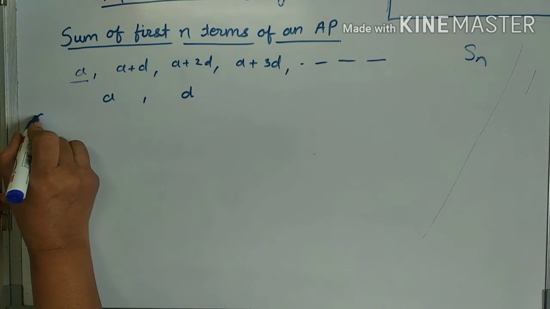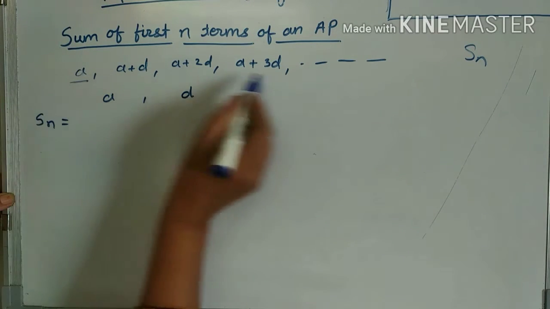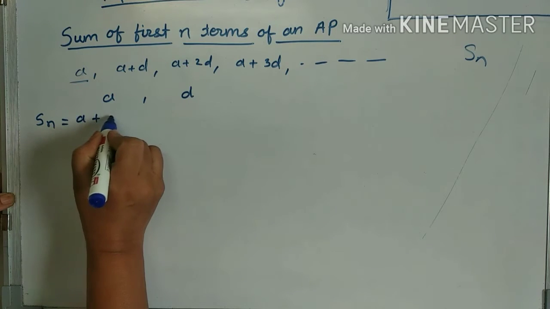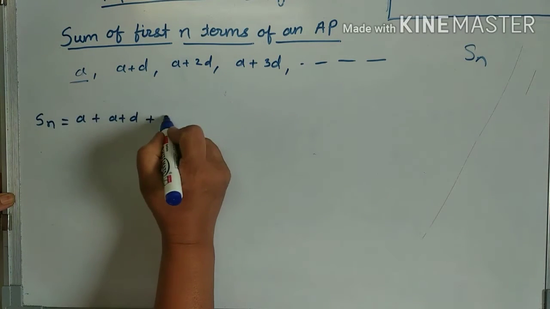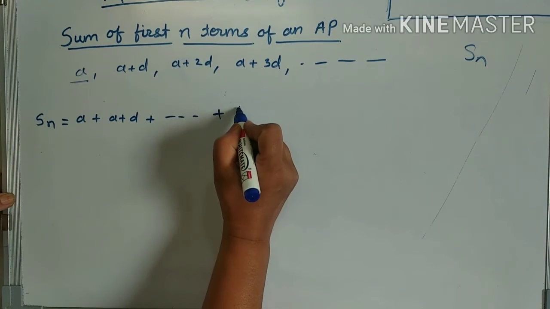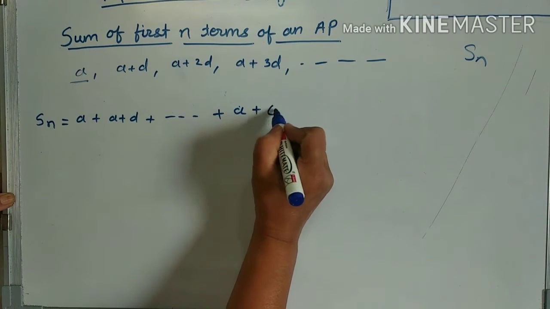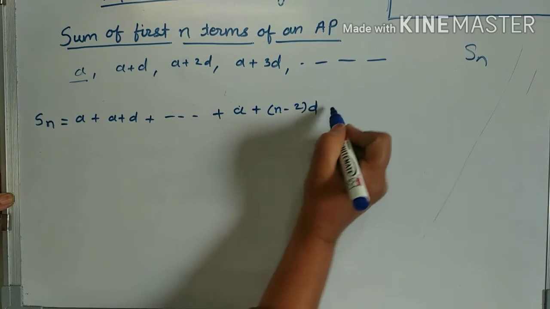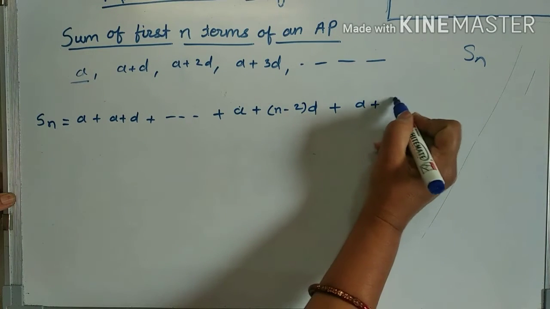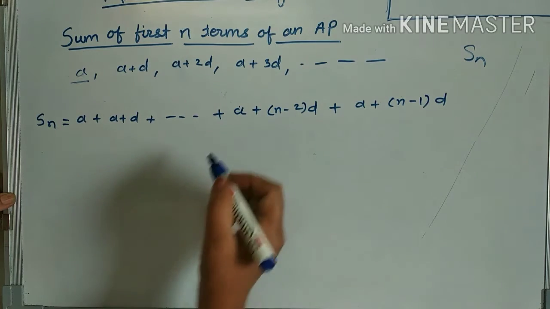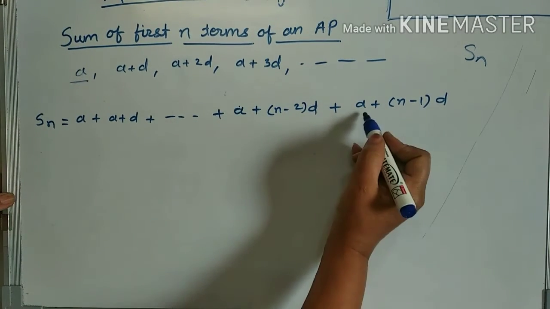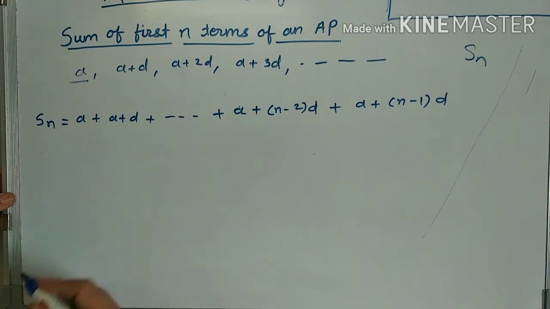So Sn equals the sum of these terms: A plus A plus D plus and so on up to A plus n minus 2 D plus A plus n minus 1 D. This is the previous term of A plus n minus 1 D.